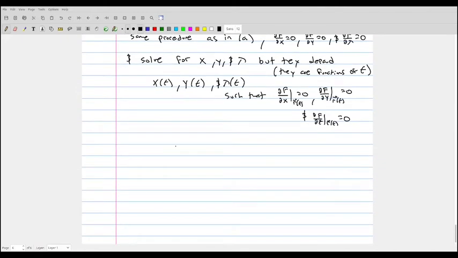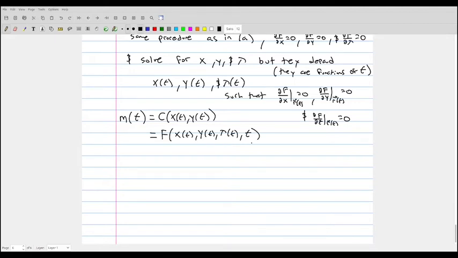And not only that, we'll call the minimum value, which is the minimum cost, m of t, because that's also going to depend on this new production quota. Specifically, it'll be the cost function at x of t and y of t, which we know is the same thing as the Lagrange function at x of t, y of t, lambda of t, comma t.